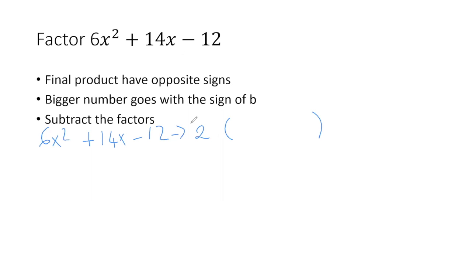So 6 divided by 2 gives me 3 left. So 3x squared for the first term. Then the second term, 14x. I pull out 2, which gives me 7 left, but it should be 7x because the second term has x. Then the last one, minus 12, I pull out 2, so I have 6 left. Then look at this trinomial. C is negative.